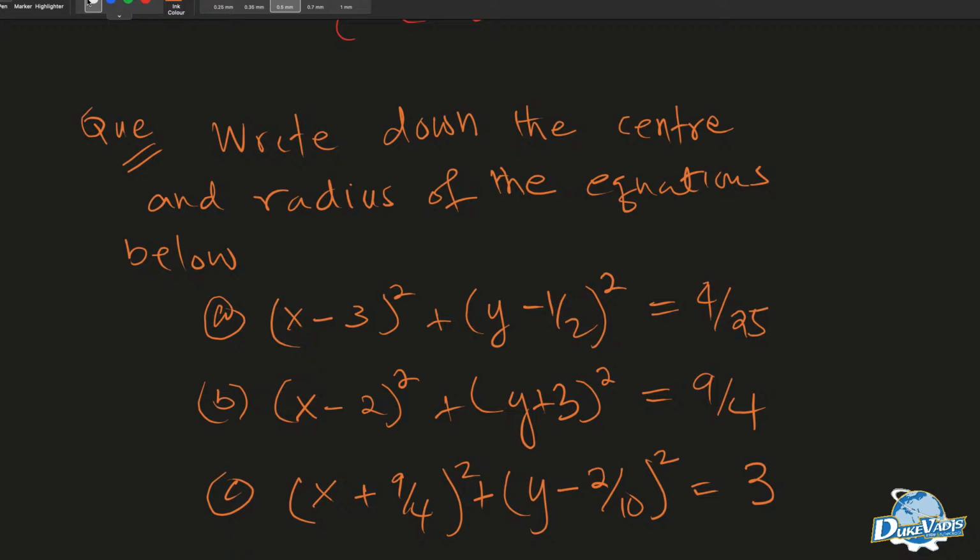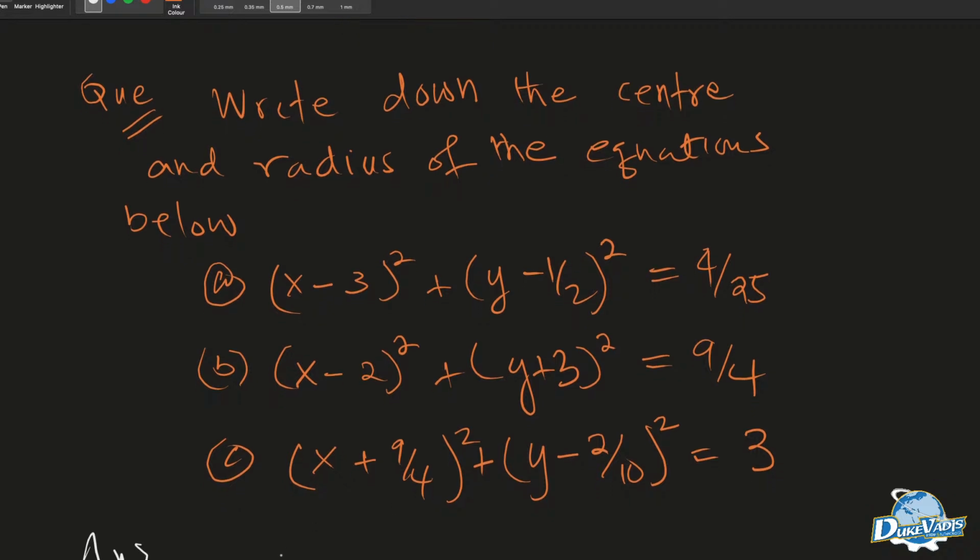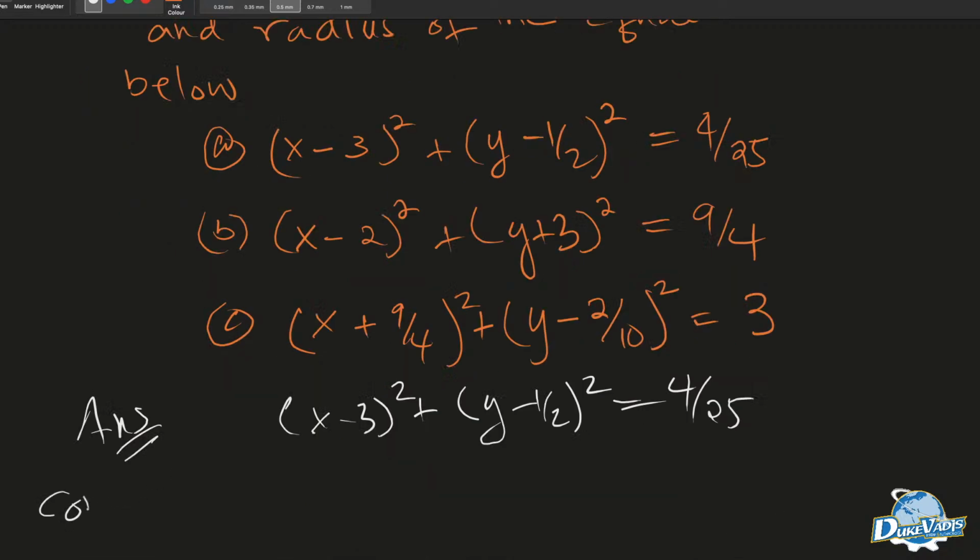Okay. So let's tackle the first one. So we have x minus 3 squared plus y minus half squared equals 4 over 25.